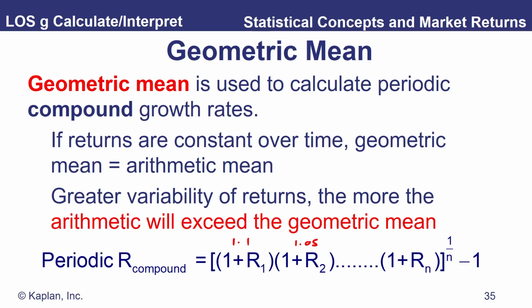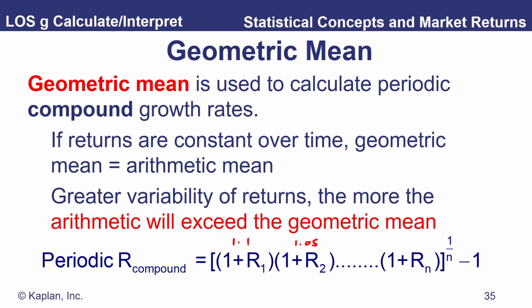Now, if your returns are all annual, then n will simply be the number of annual returns you're linking together. But if your returns were not annual, let's imagine we've got semi-annual returns here, then you've got to be careful with your n, because n is the number of years typically from start to end. So let's imagine you've got 4 semi-annual returns. Well, 4 semi-annual returns would cover, of course, 2 years.